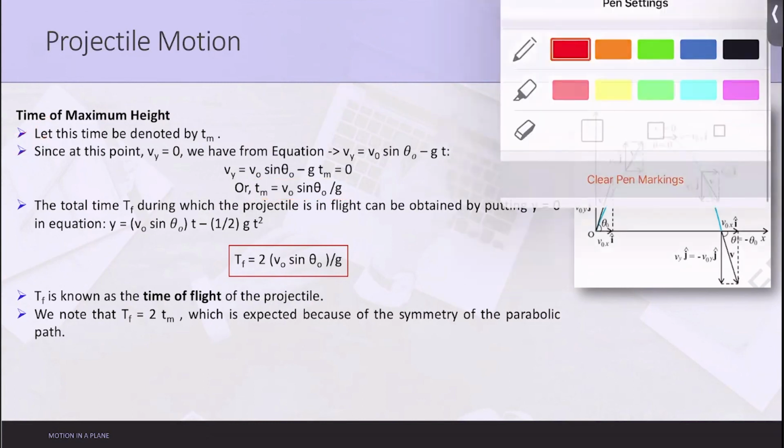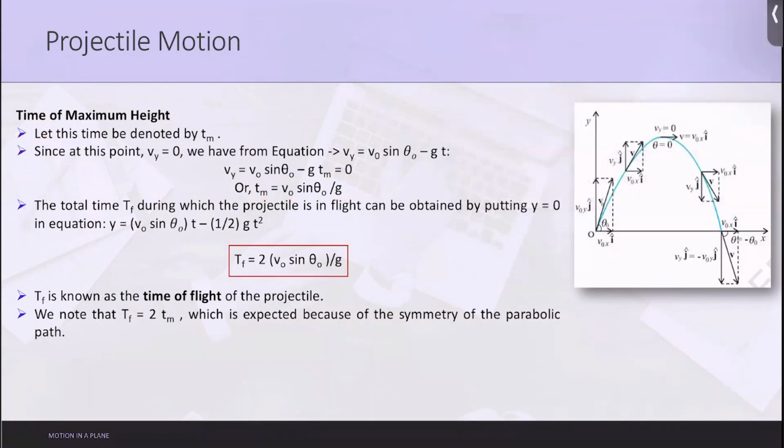Now let us understand more about this. As this is a parabola which is symmetric, what is the total time required for an object to go from this to this location? If this is symmetric and this is at the midsection, then the complete time required, which is known as Tf, is nothing but equal to 2 times Tm.